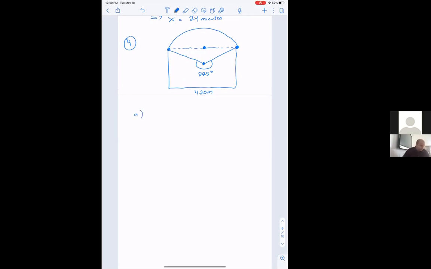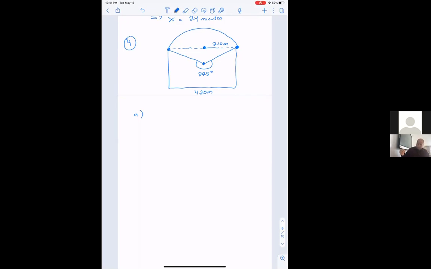A, find the radius of the arc to the nearest centimeter. Well, that seems easy enough. It should just be 2.10 meters, because the base is 4.20, so this is half of that.